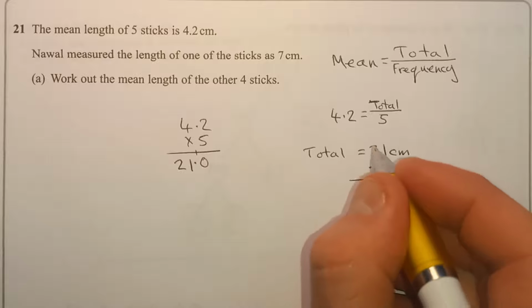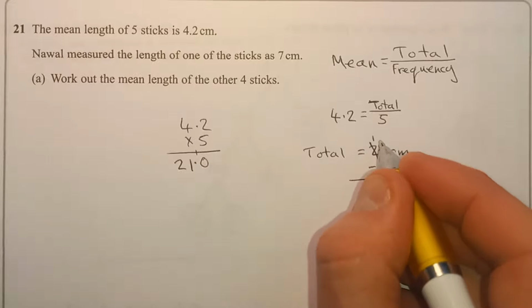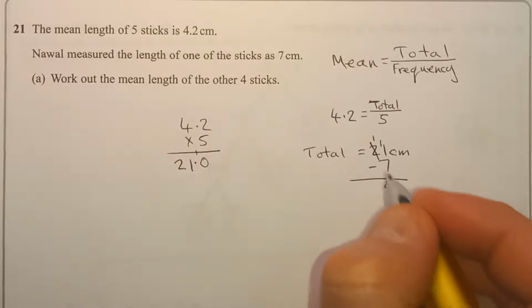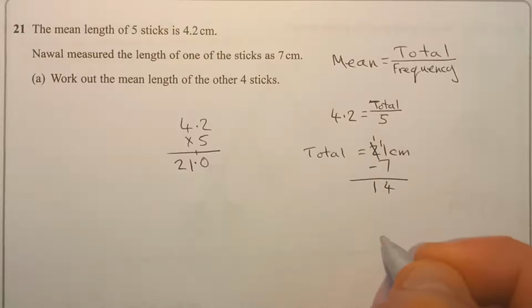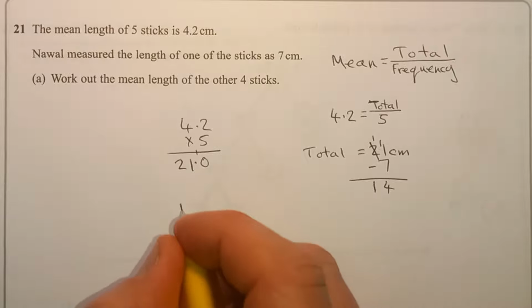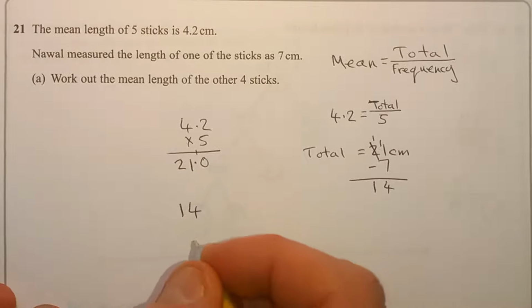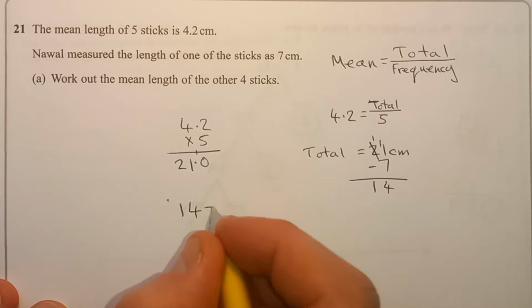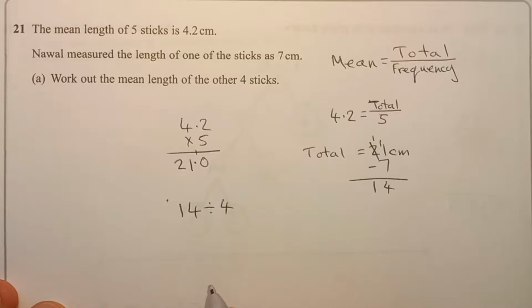We can't take 7 from 1, so reduce that by 1, make this 11. 11 minus 7 is 4, 1 minus nothing is 1. So we've now got a total of 14, but we've only got 4 sticks left. So we want to divide 14 by 4.